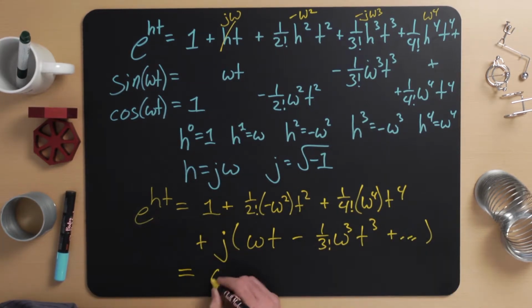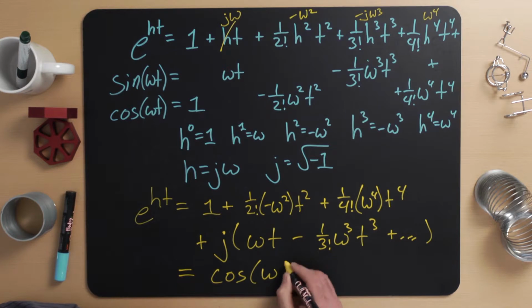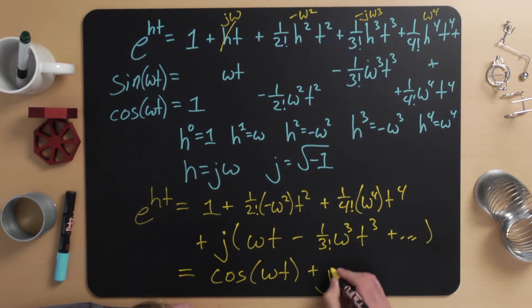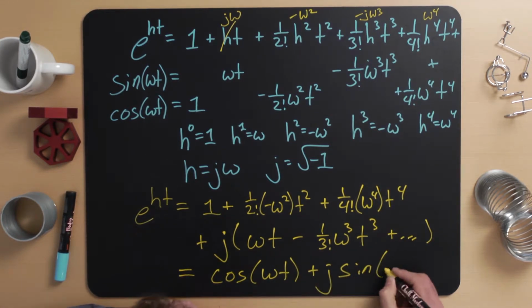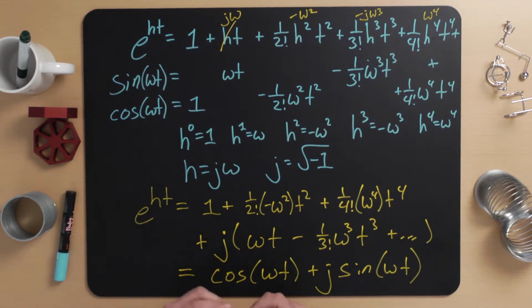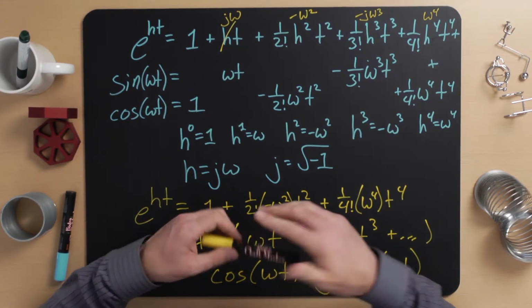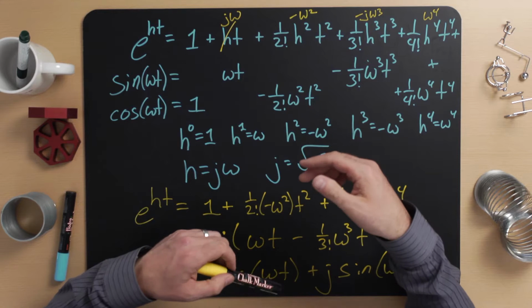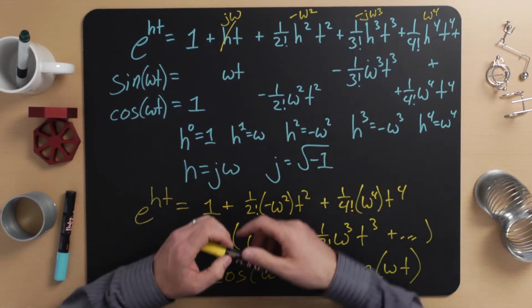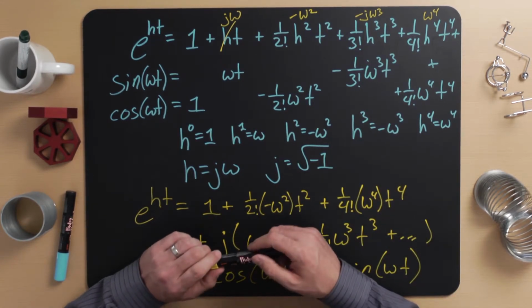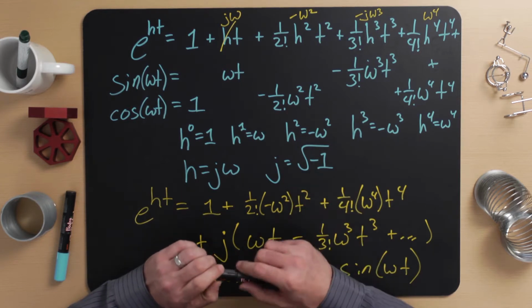This is all equal to cosine of omega t plus j sine of omega t. This formula, e to the j omega t equals cosine of omega t plus j sine of omega t, is called Euler's formula, and you will use it many times while taking this course.